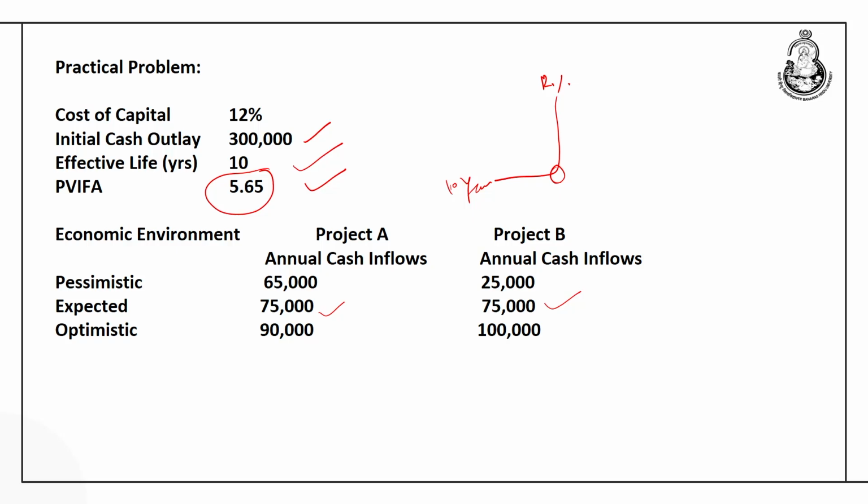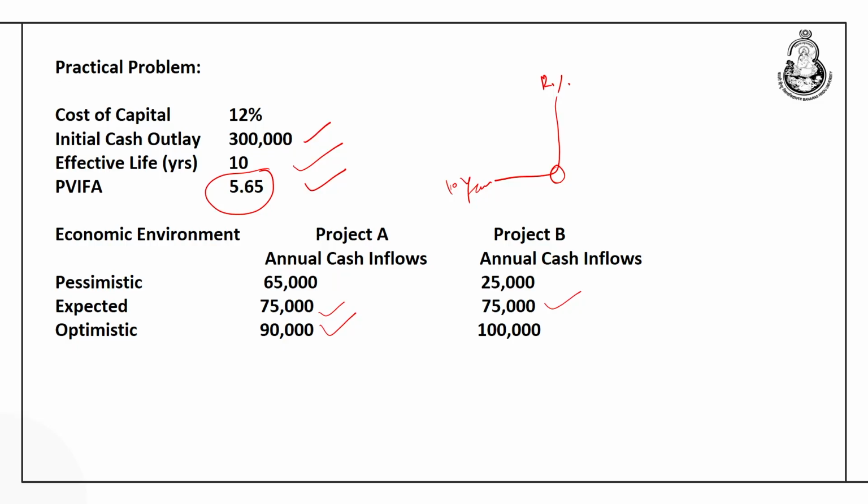If this expected scenario is the most likely scenario, both the projects are going to give us identical results, whereas the optimistic scenario may result in an annual cash inflow of 90,000, whereas the annual cash inflow may go up to rupees 1 lakh in the case of project B.